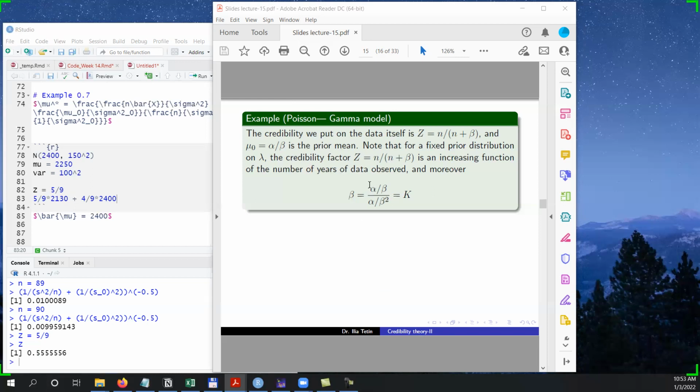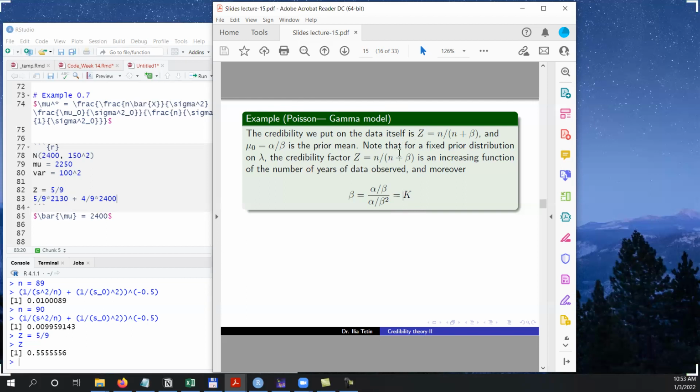The value here, alpha over beta, is the expected value, and here is the variance. So actually this is not equal to, but it is with 3 equal signs. It's almost k, but still. So how can we use the Poisson gamma model in our setting, actually?